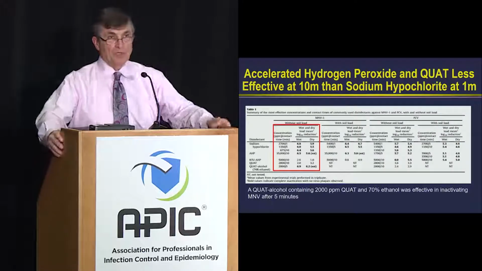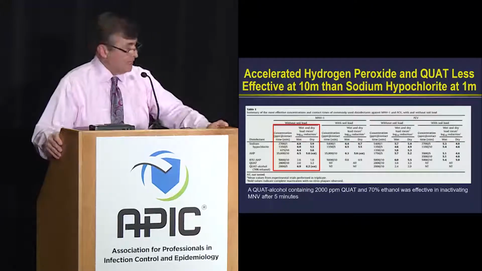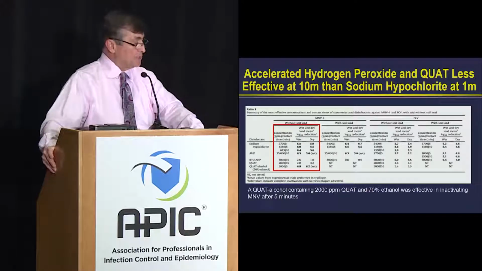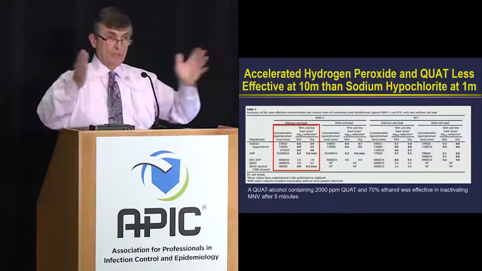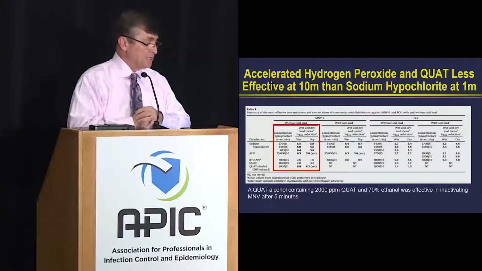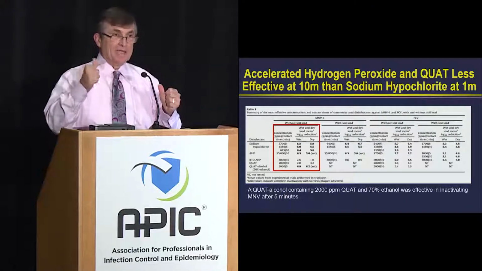Now, I'm not sure how well you can see that bar, so let me explain what's in that red bar area. Essentially, that's data which shows that if you use sodium hypochlorite at 5,000 parts per million, at a 1 to 10 dilution, for 1 minute, you see almost a 7 log reduction.